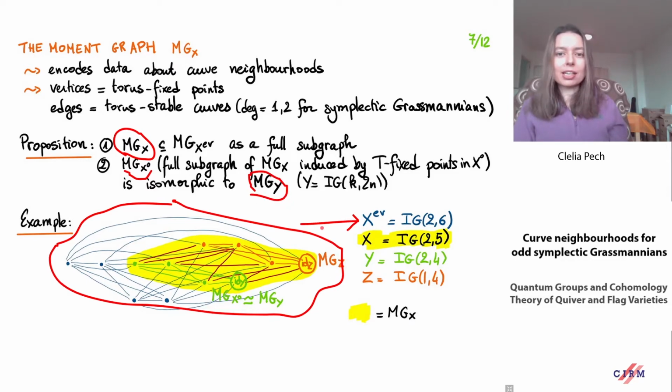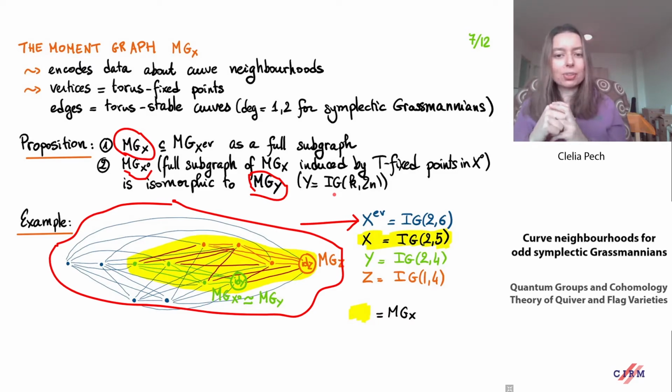So that's really nice, because that means that if I want to look at the moment graph of my odd symplectic Grassmannian, in a way, I will always work with either of the closed orbits of the horospherical action.